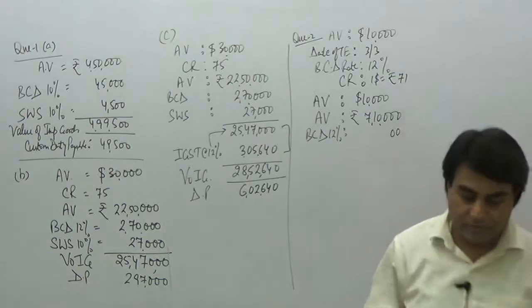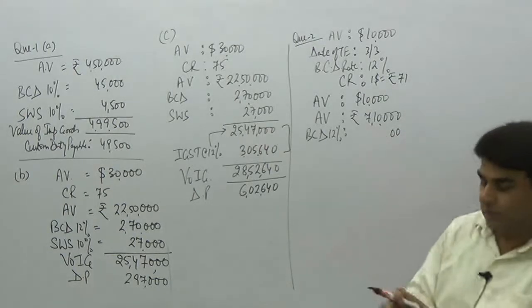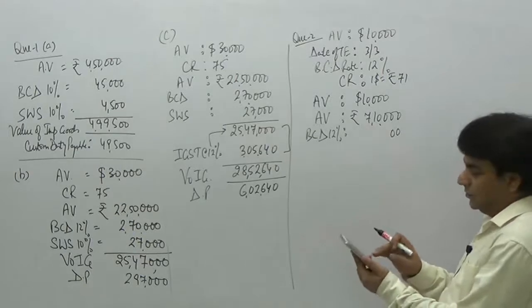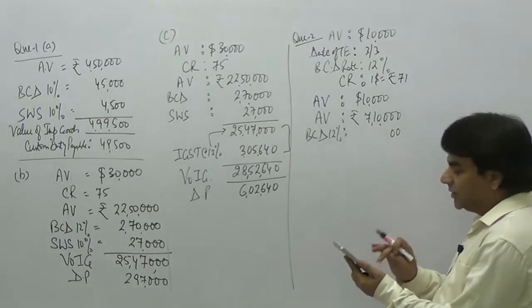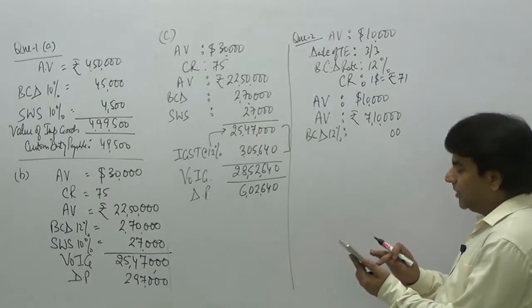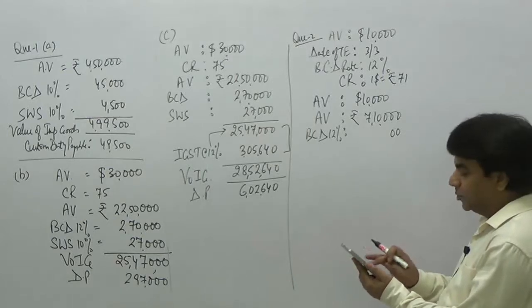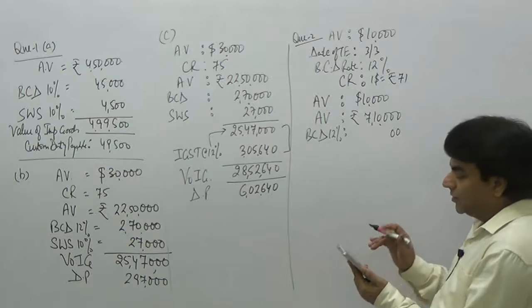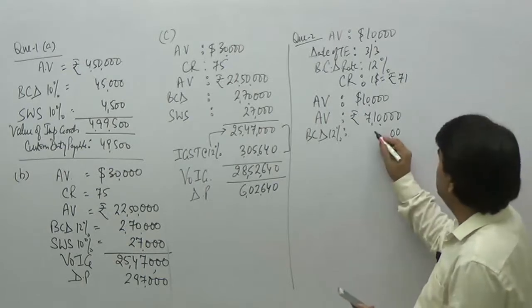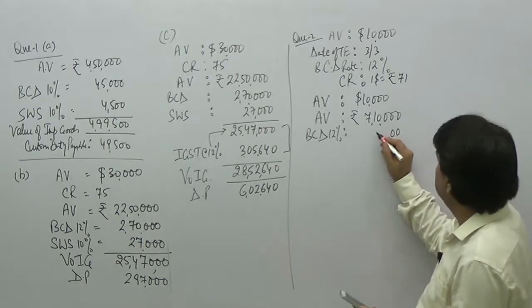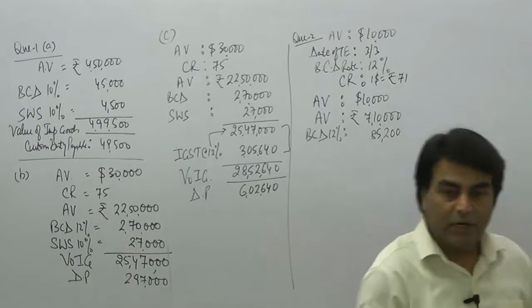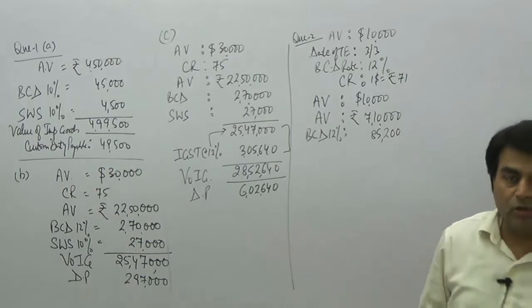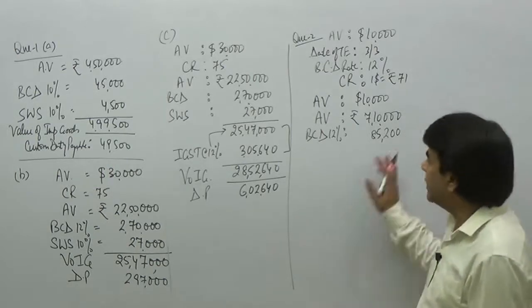Now it would be 7,10,000 multiplied by 12%. So it is 85,200. 85,200 is the BCD at the rate of 12% on the assessable value, which is 7.1 lakh.